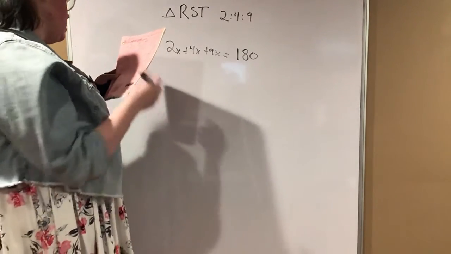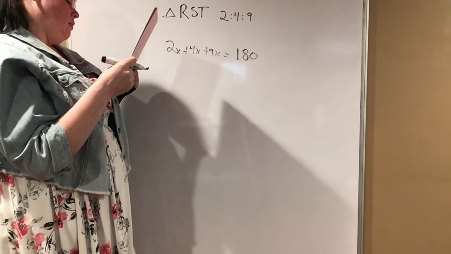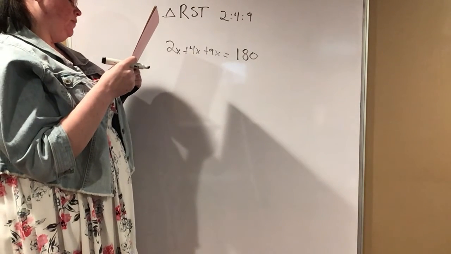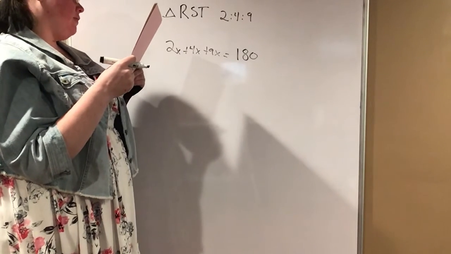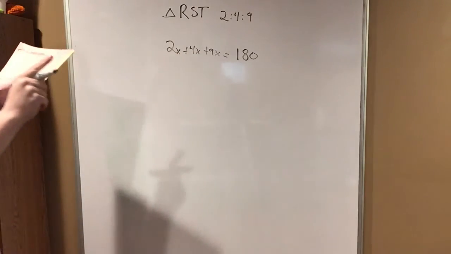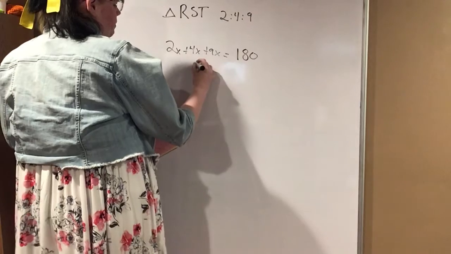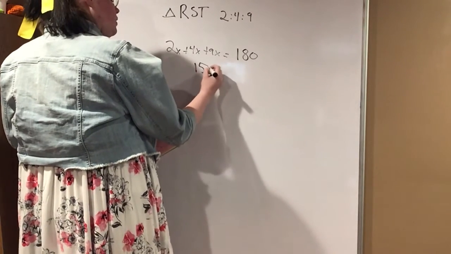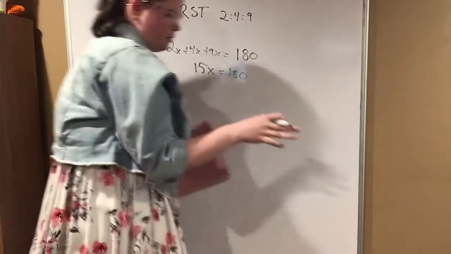I don't know what I did here. Hang on. I got like 5, and that was weird. One second. I think I wrote it down wrong. It's 15. On my paper I wrote 5, and I was like, what the heck? 15x equals 180.